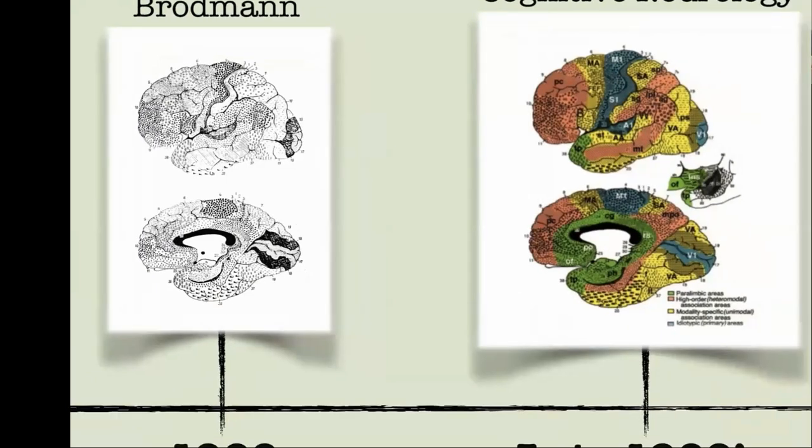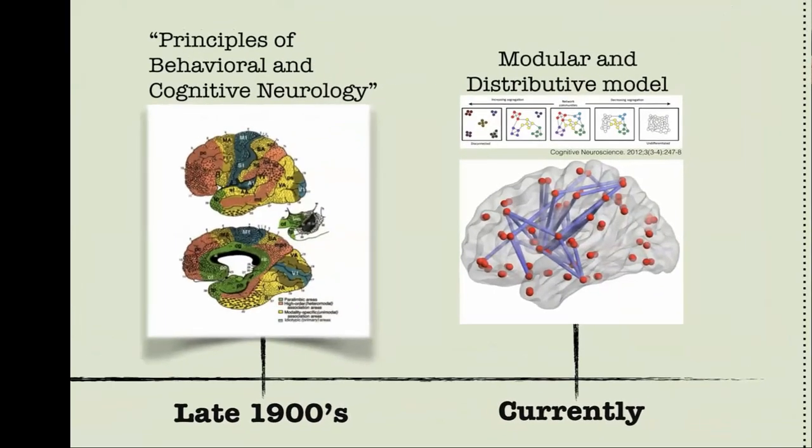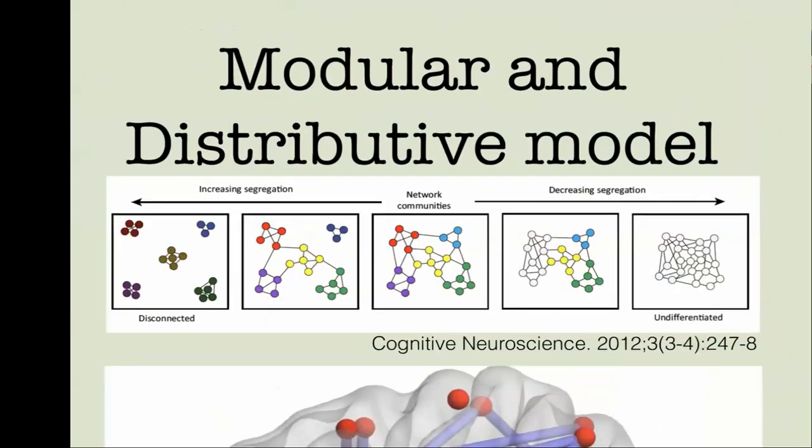We have more modern maps here that we don't have to delve into, but this brings us to our current understanding of how the brain works from a very, very broad point of view, where it's a modular and distributive model, where you have some nodes that are very specific to certain functions, like the motor strip, right? And other areas that work together to bring us one of our human faculties, like perception, interpretation, and so forth, okay?